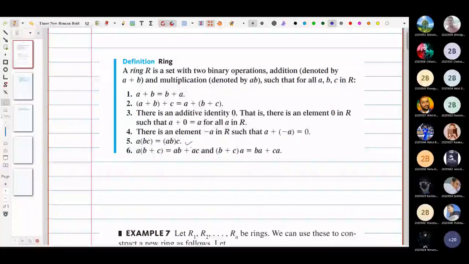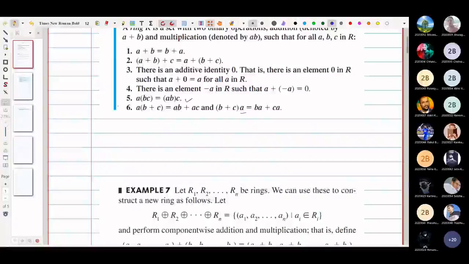And the last property is extra. This property includes both addition and multiplication. So here we see left distribution and right distribution: distribution of multiplication over addition from left, and distribution of multiplication over addition from right. So left distribution and right distribution both should hold. Okay. So if these 6 properties hold, then we say that R is a ring. Okay. Fine.